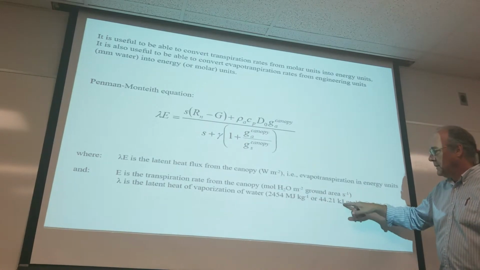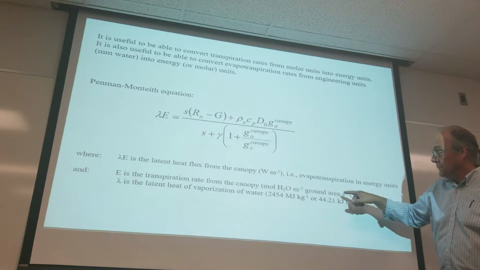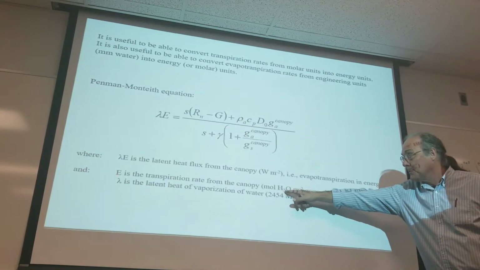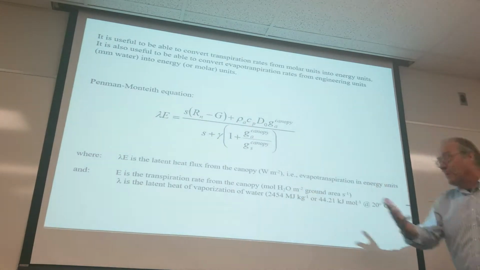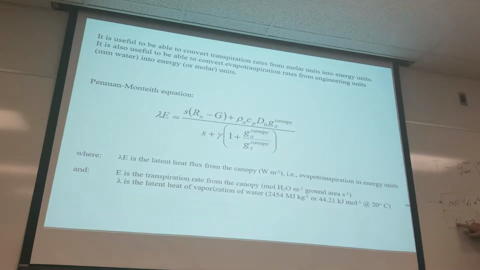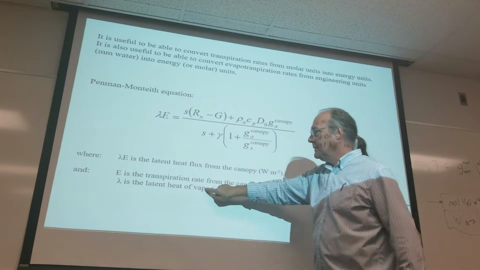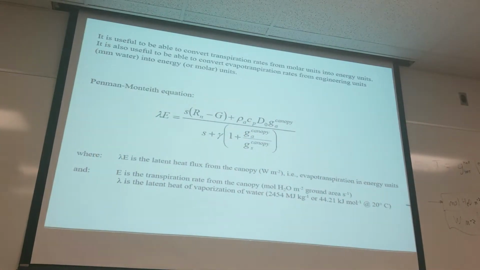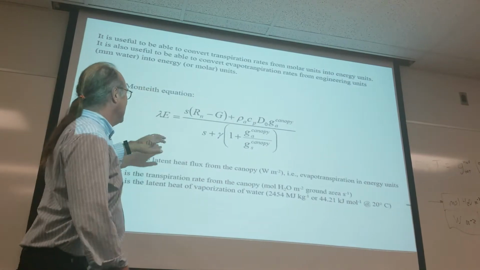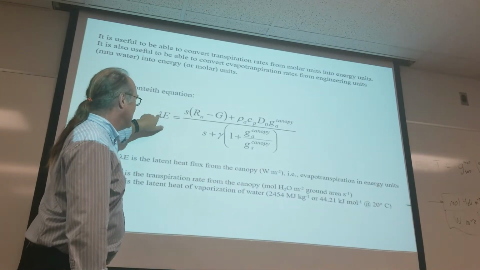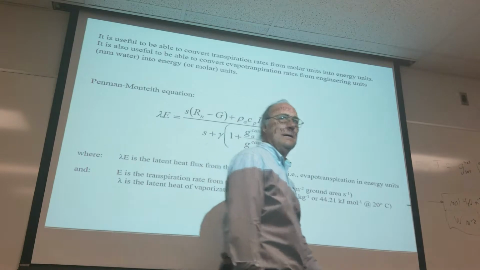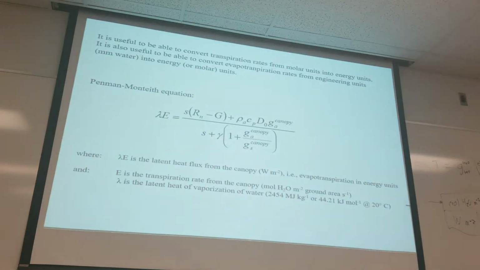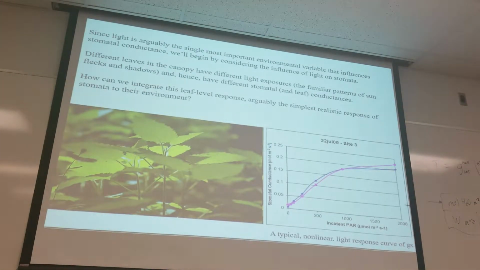Or we can write it as joules per second per meter squared, and a joule per second is a watt. So that's how you go from mass units to energy units: you use the latent heat of vaporization of water. And usually, for some reason, in Penman-Monteith, it's explicit like this, lambda E. Okay, well, we know how to do that.